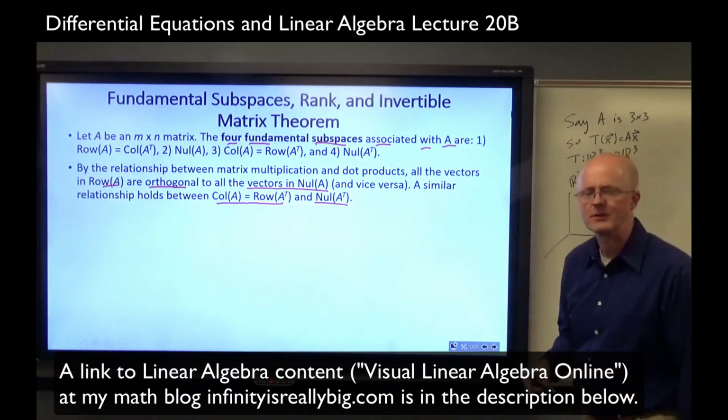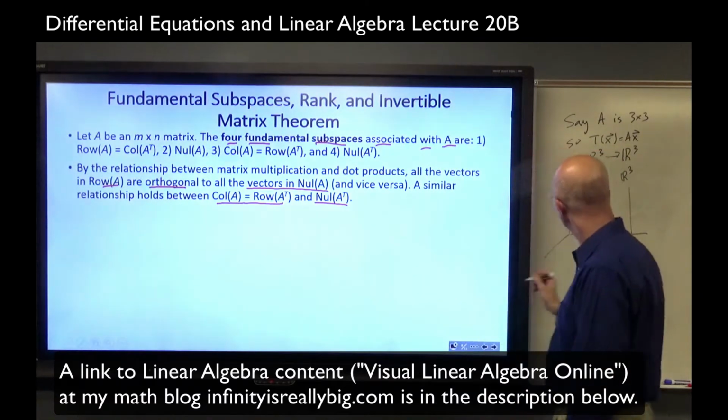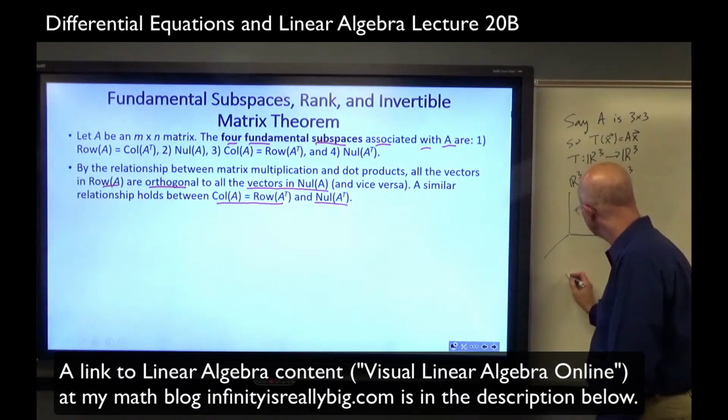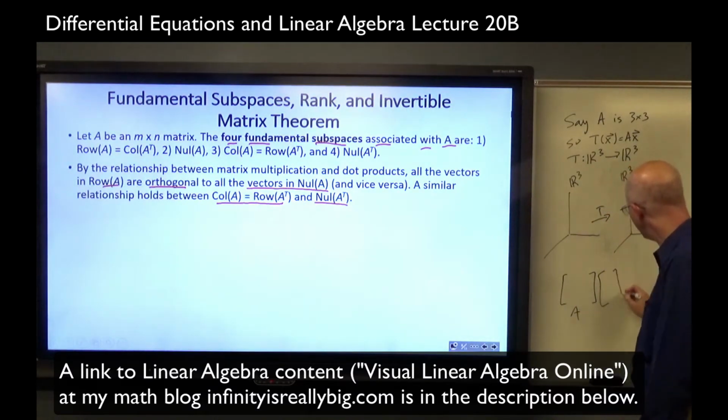Well, why does this work, first of all? Why does this make sense? Think about it. If this is A, and you've got a vector x in the null space of A, say it's a, b, c, it's going to get mapped to the 0 vector.